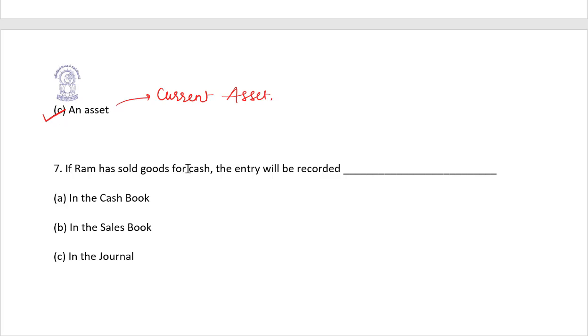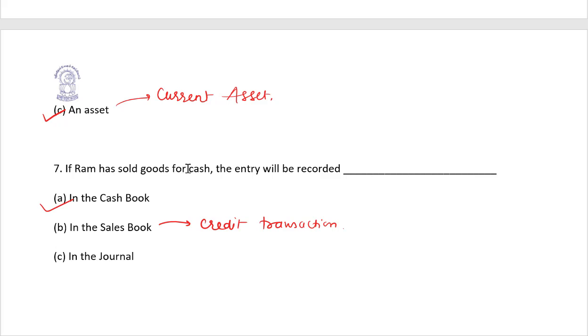Question 7. If Ram has sold goods for cash, the entry will be recorded A, in the cash book, in the sales book, in journal. There would be no entry in the sales book because in sales book only credit transactions are entered. No entry in the journal.